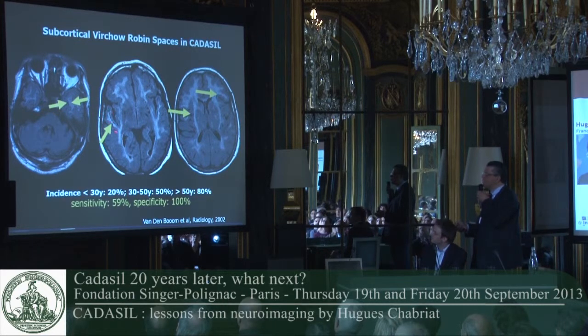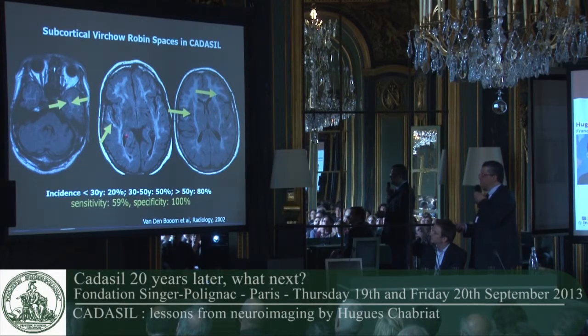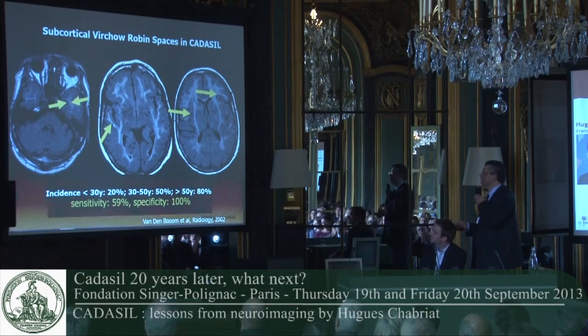And we have now pathological data showing that this is related to dilated perivascular spaces. This is a very useful thing for the diagnosis of CADASIL with a high specificity.